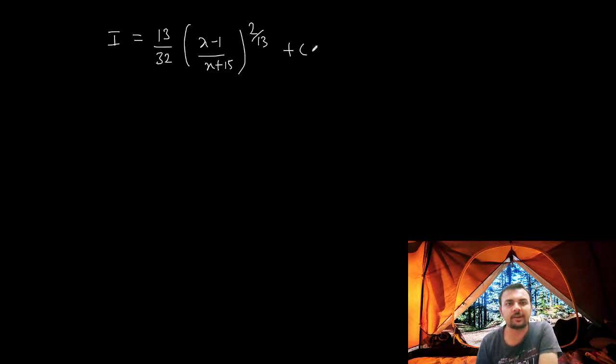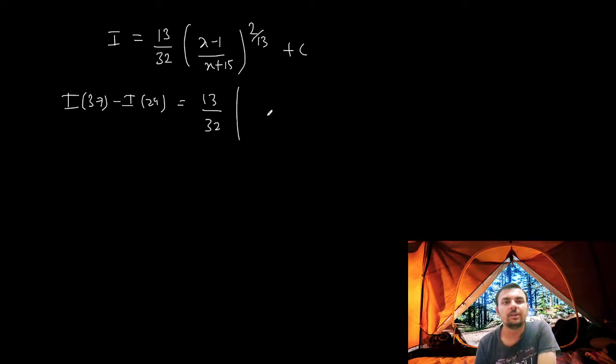So I 37 minus I 24. So we'll take 13 by 32. 37 is 36 upon 52 to the power 2 by 13 minus 24, 23 upon 39 to the power 2 by 13.